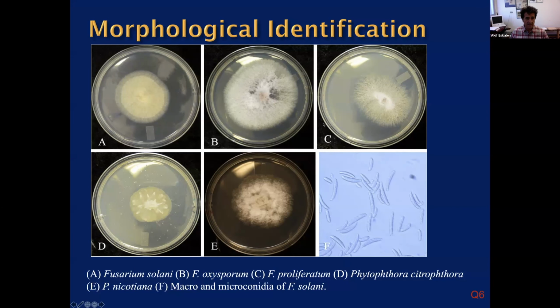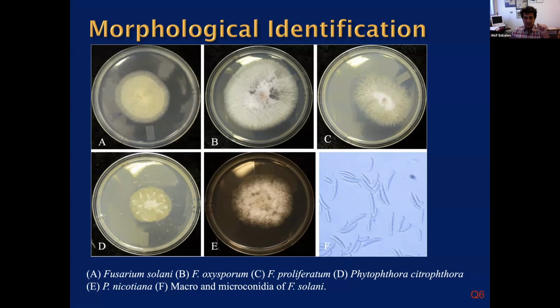So not only one Fusarium species, but also Phytophthora is involved in this problem. In the right bottom corner, you can see the conidia, which are the spores of the Fusarium.